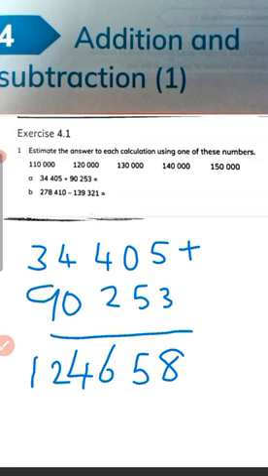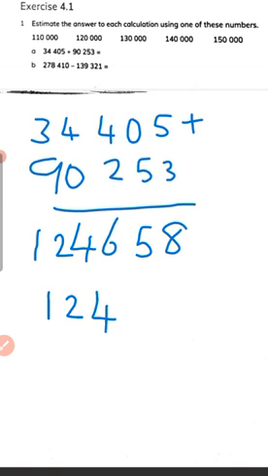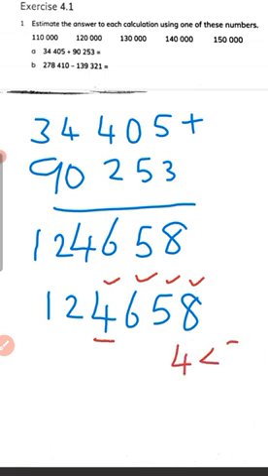Now children, we have to round this number to 10,000s. So for rounding the number to the 10,000s place, check the digit in the thousands place. This is the thousands place: ones, tens, hundreds, thousands. The thousands place is 4. 4 is less than 5.